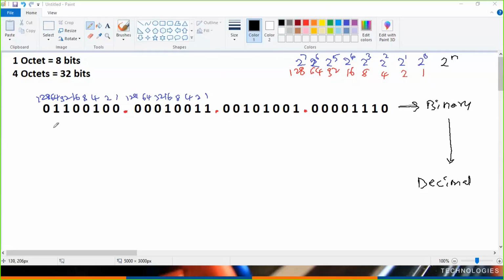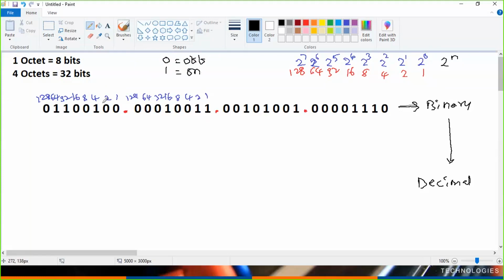Done. So now the logic is here, 0 and 1. 0 indicates your bit is an off bit. 1 indicates your bit is on. So now understand here. In the first octet, which bits are on bits?